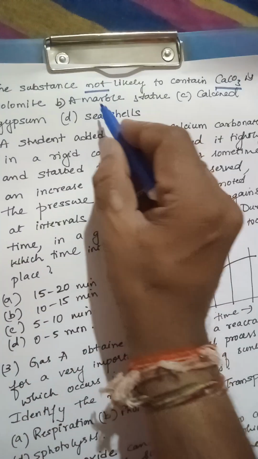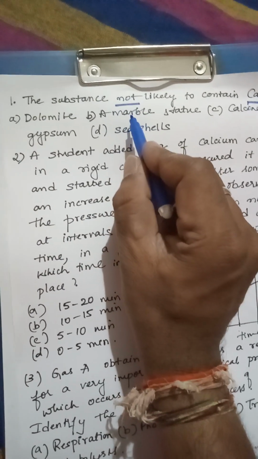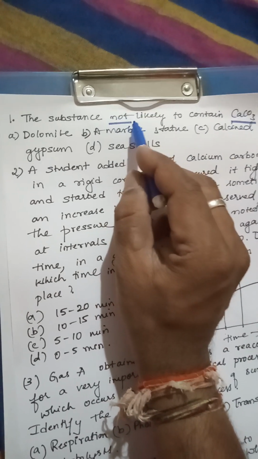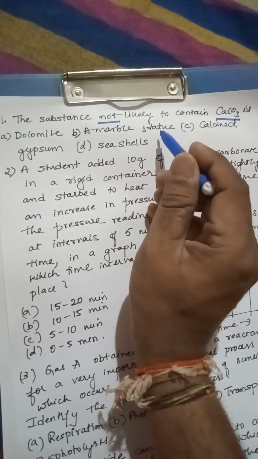So marble contains calcium carbonate, but we are supposed to choose which does not contain calcium carbonate. So marble is not the correct option.